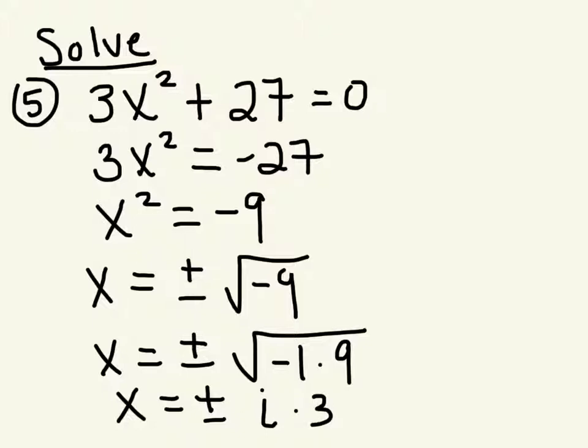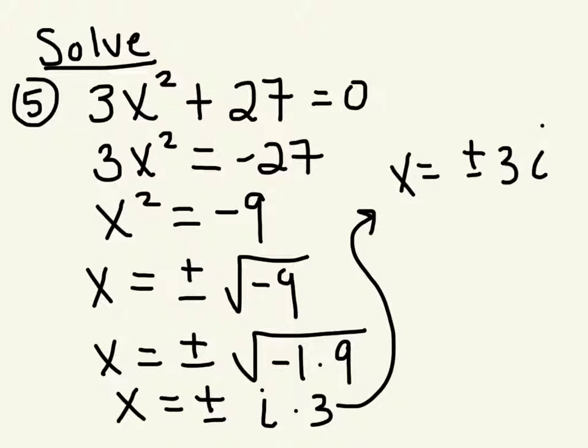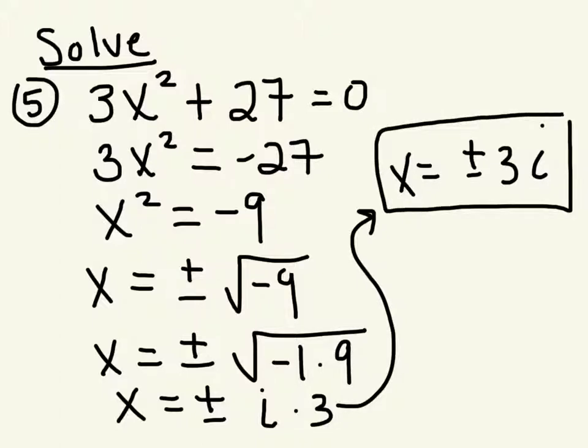In simplified form, it really makes more sense to write our answer as 3i. Typically, we'll have our integer component in front of the imaginary unit, sort of like a coefficient of a variable. So there's our solution, and we can even check.